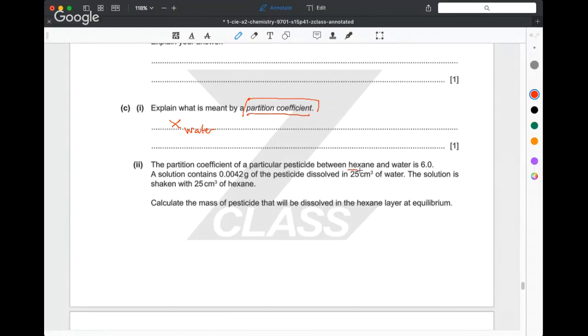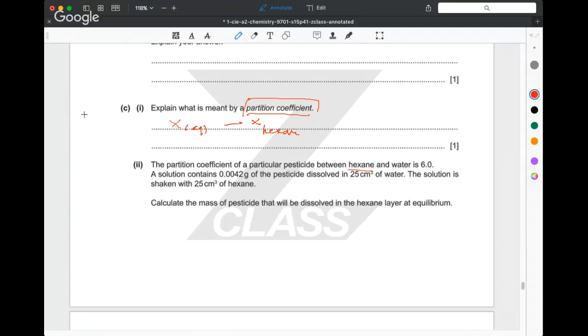Now, the other solvent they talk about down here is hexane. So you've got a solution of something in water, you could just say aqueous, and you are mixing it with another solvent, and some of that solute goes and dissolves in the hexane.